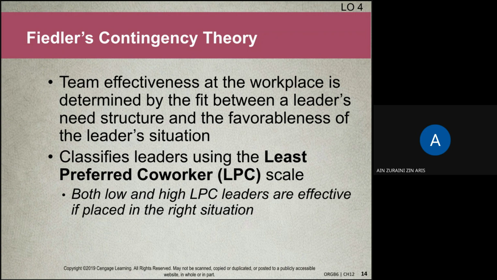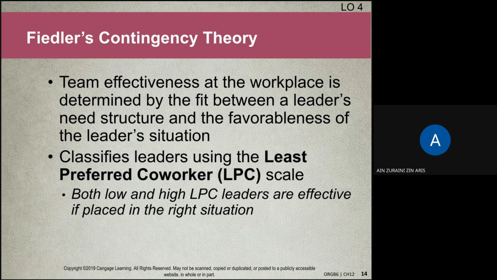But high LPC or relationship-oriented leaders do best in situations that are moderately favorable. Why? Because when the situation is very structured and under control, task-oriented leaders can push for high performance. But when the situation is chaotic, task-oriented leaders can provide direction and structure.